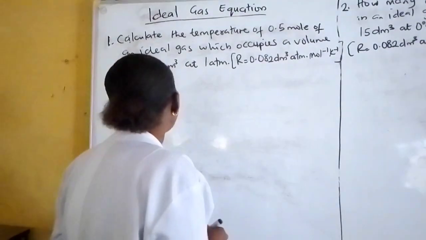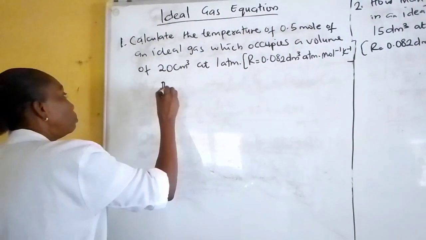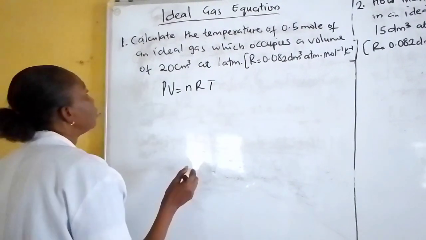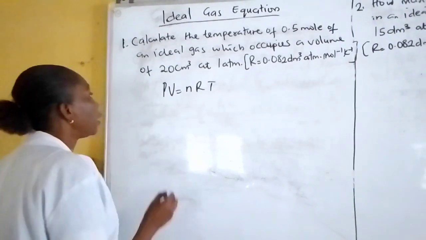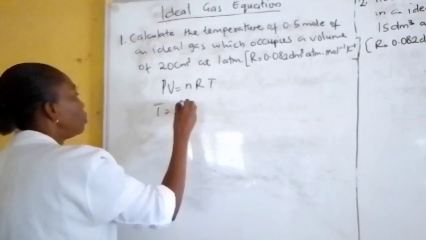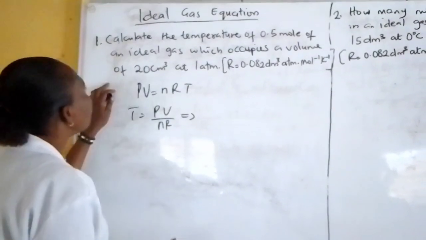So how do we go about this? We state the ideal gas equation. PV equals nRT, and we're asked to determine the temperature. So our T is PV over nR.